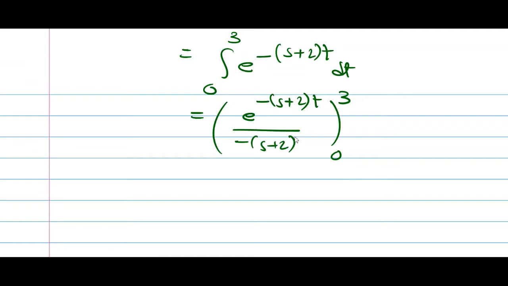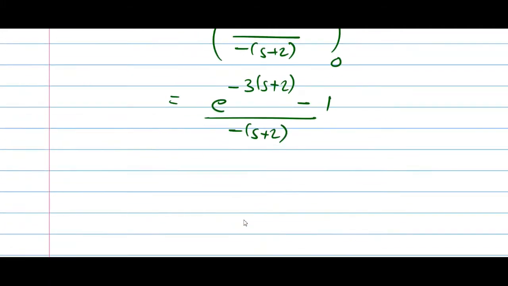So in place of t put 3, minus in place of t put 0. So it becomes e raised to power minus 3 times s plus 2 minus e raised to 0 is 1, divided by minus of s plus 2. So the final answer is, from numerator take minus sign common, so minus minus cancel. So final answer is 1 minus e raised to power minus 3 s plus 2 upon s plus 2.